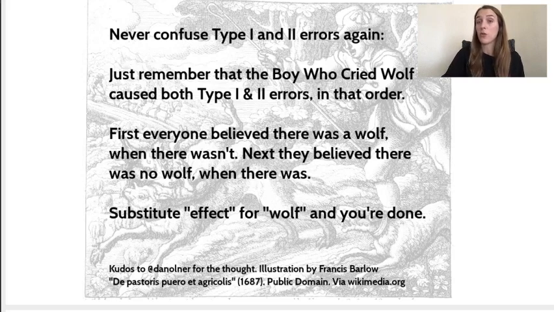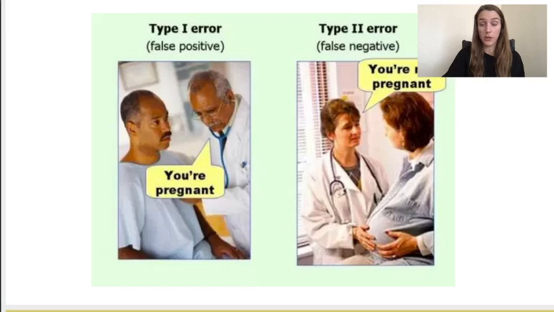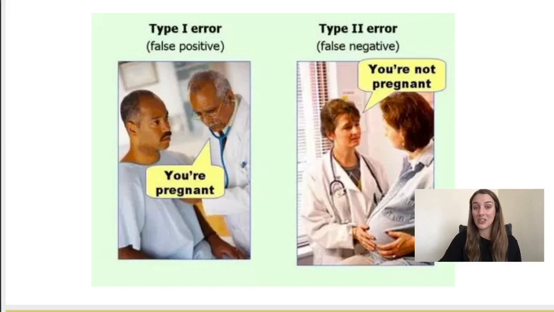And even a better way to think about it, if you've taken my stats class, you know how much I love this particular image. I think it's great. Because I think pregnancy is a great way to think about this, because we can think about, say, a pregnancy test that's 99.9% effective, right? But there's still that 0.1% chance of error, right?